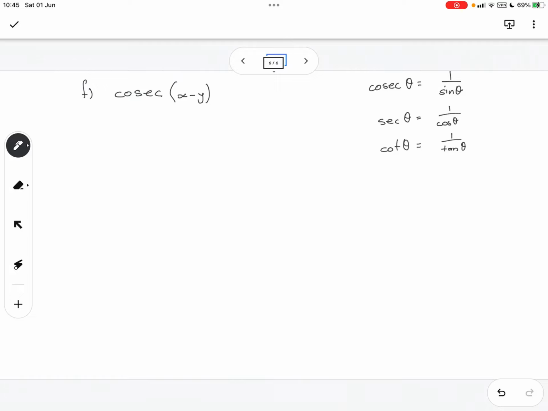We don't have these specific trig ratios on our calculator, so we have to improvise. So this equals 1 over sine of x minus y. Substituting, we have 1 over the sine of 16 minus 36, and this is 1 over the sine of negative 20 degrees.